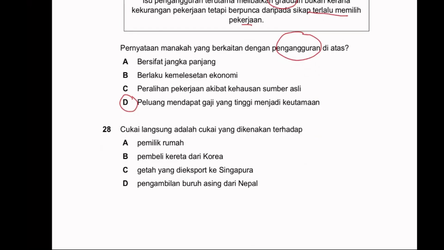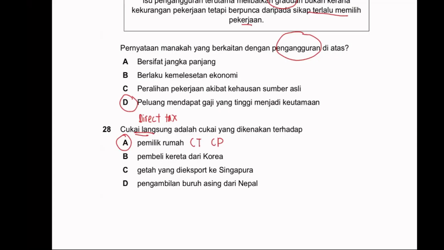Now, cukai langsung. Which one is cukai langsung? Remember direct tax? Directly charged on you. Yes, when you own a house. Okay, when you own a house, you have to pay cukai tanah, cukai pintu. Pinta to your kids, cannot lah.